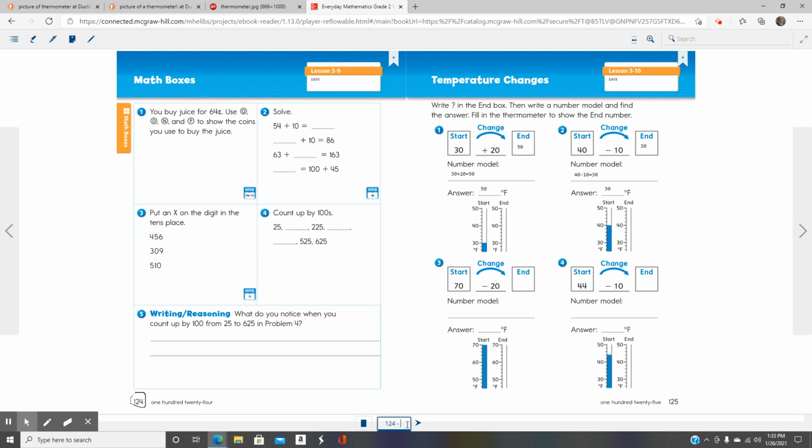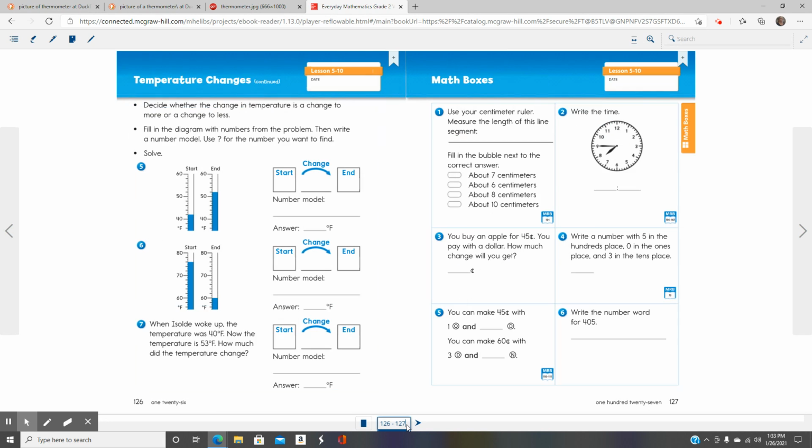And let me show you how to do a problem on page 126 because this time you're doing the reverse. You're looking at the thermometers and you're reading the information on the thermometers to figure out how you should fill in the change diagram. So you find your start number by looking at the start thermometer, which, let's see, here's 40. Up here is 50.